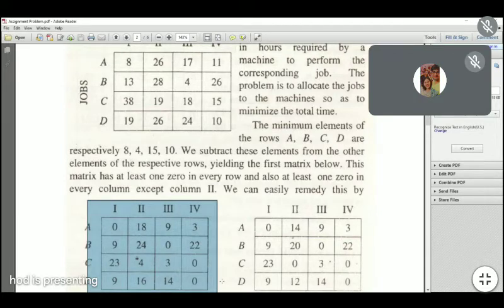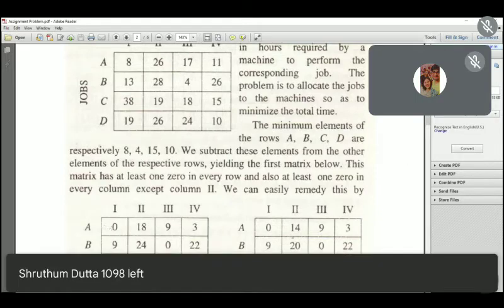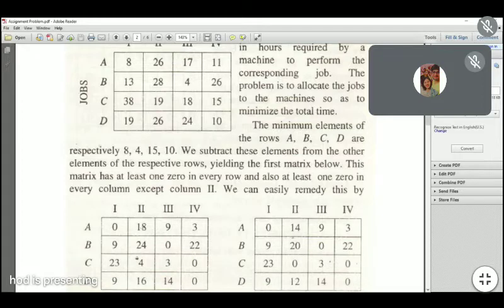So first row will give you 8 minus 8, 0. 26 minus 8, 18. 17 minus 8, 9. 11 minus 8, 3. First row. Similarly, second row. What is the minimum element? 4. Matlab 13, 28, 4, 26. Subtract 4 from this row.